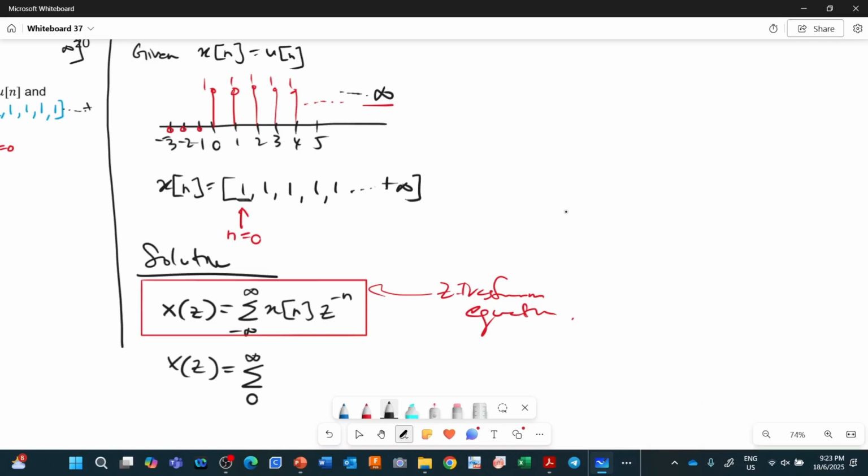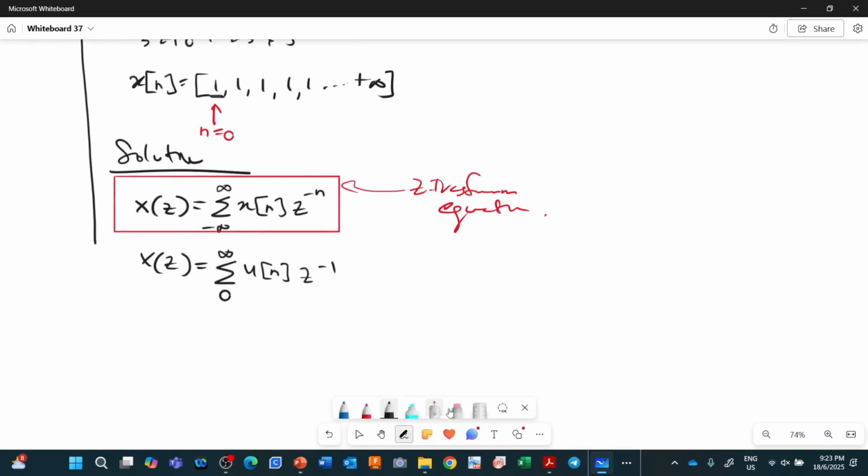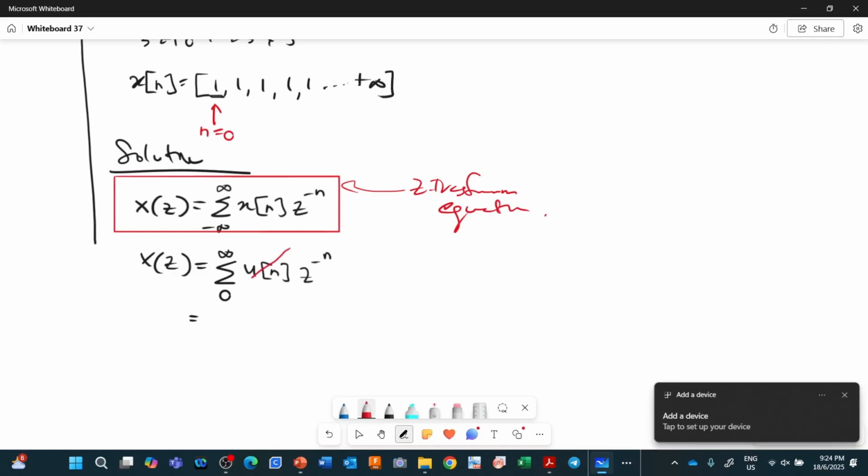Xn is equal to un, so substitute un, z to the power of minus n. I'm just following the given equation, and un has amplitude 1, so you can substitute it, and then you have the summation of 0 to infinity of z inverse to the power n.